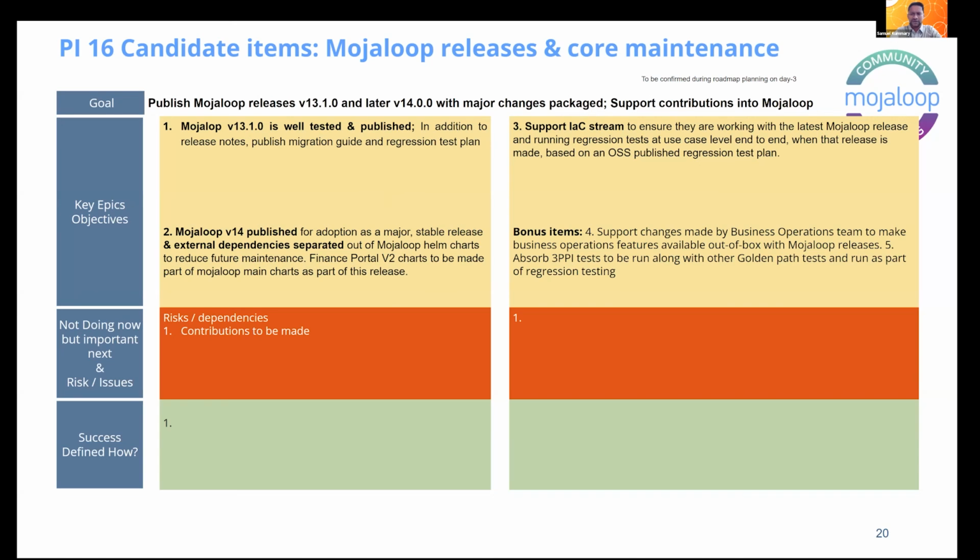So out of the box, with the Mojaloop deployment, we will have all these good things available, which are also configurable. That's what we want to look at, and we'll discuss more of that in the roadmap if we get a session on day 3 of the event.